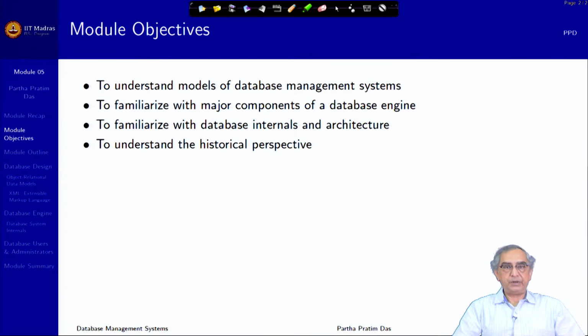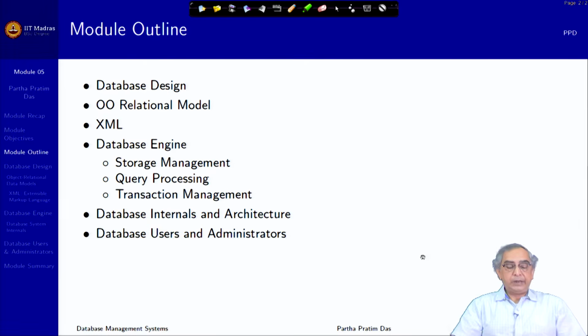So, we will talk about that. We will talk very briefly about the database's internal architecture. Again, all of these will be elaborated later, and we will try to put that in a little bit of historical perspective. We have of course discussed the overall history at length. So, these are the module outlines which we will continue to see on the left banner as we progress.